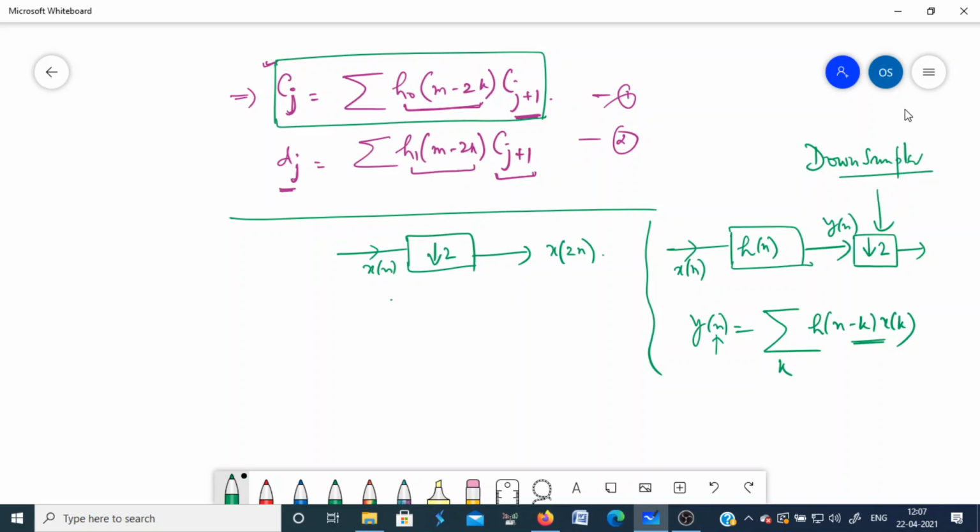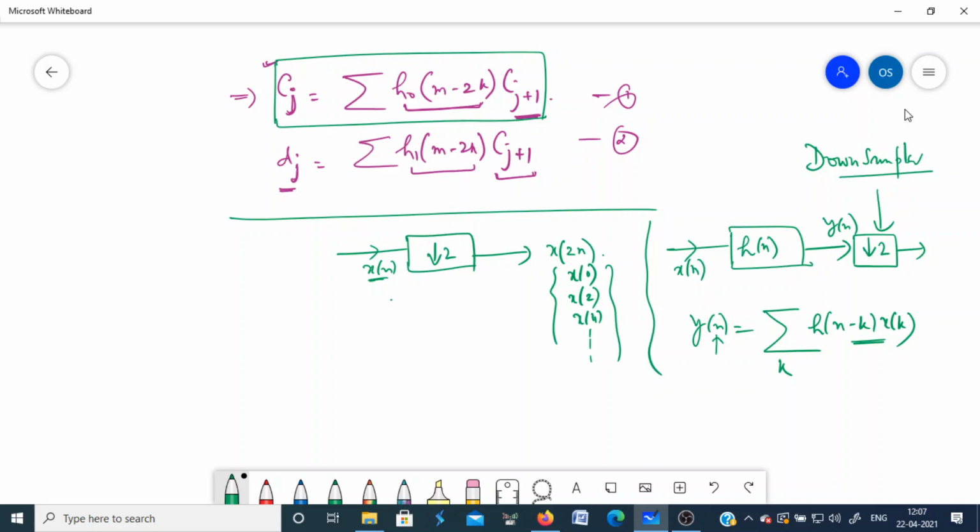It means it will discard one sample from the input sequence. So you will have here x0 only, then x2, then x4, x6, and so on. So one sample will be deleted if you pass a signal through a downsampler, or we call it the decimator.